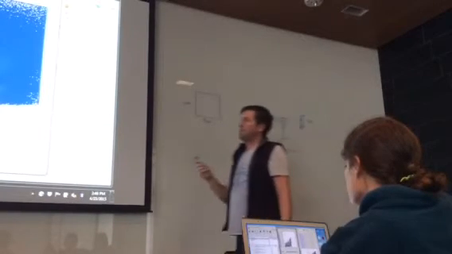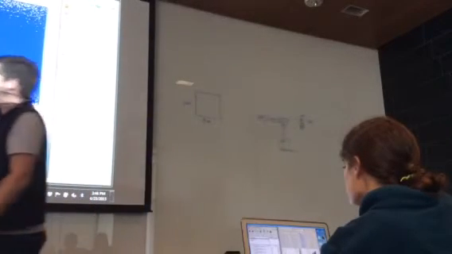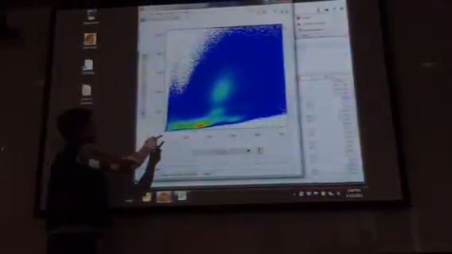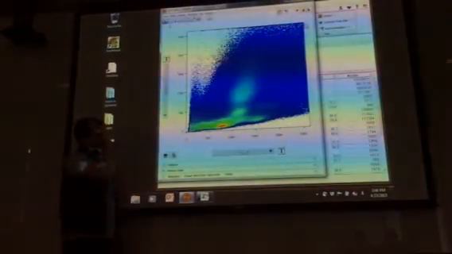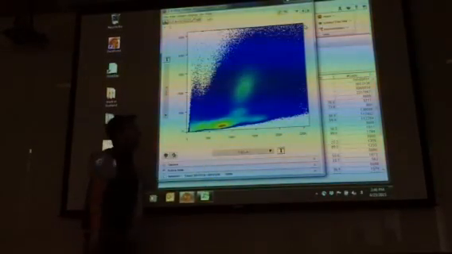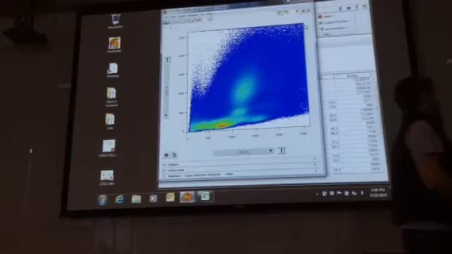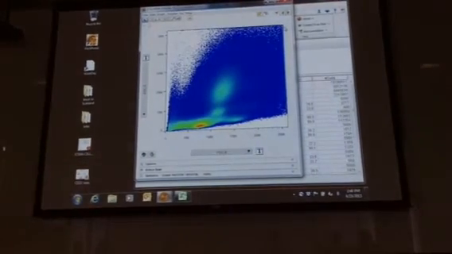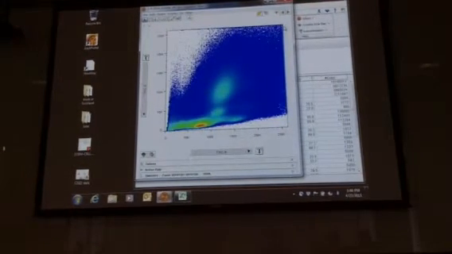So if this has been set up correctly in terms of the voltages and things like that, different cells in the hematopoietic system have a different position based upon just their characteristics.